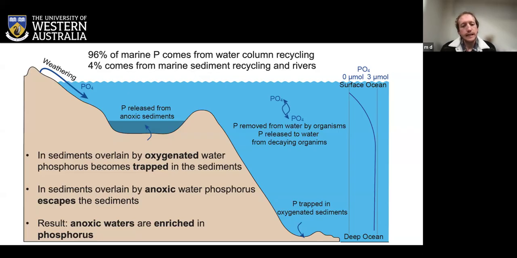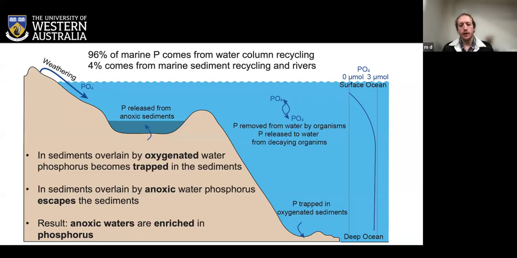But what's really important, or has emerged as an important property, is the cycling of phosphorus within marine sediments. Now, while it may only comprise 4% of the marine phosphorus cycle, it has a really interesting feedback with redox conditions. So, very crudely, when we have anoxic waters overlying marine sediments, we find that phosphorus is released from these sediments preferentially.